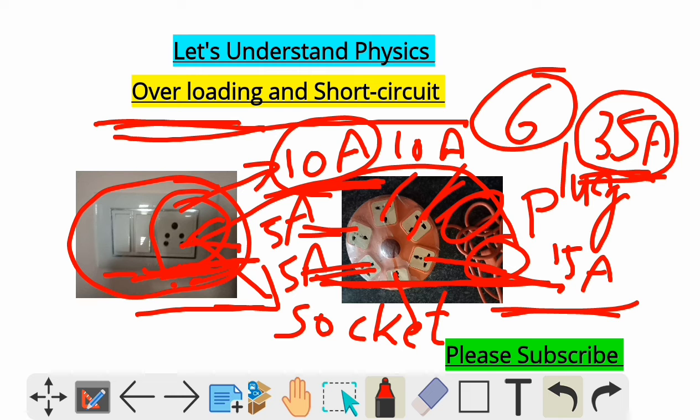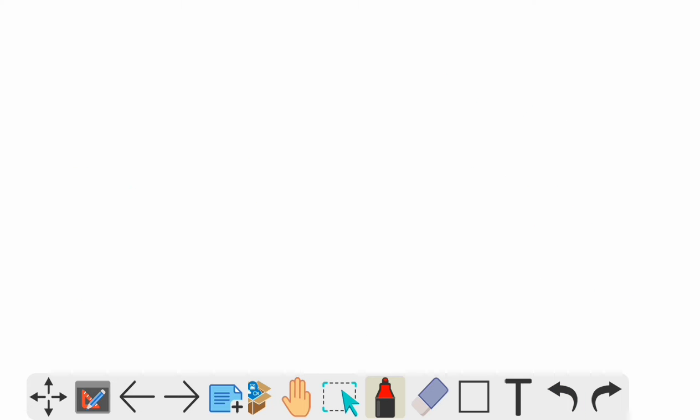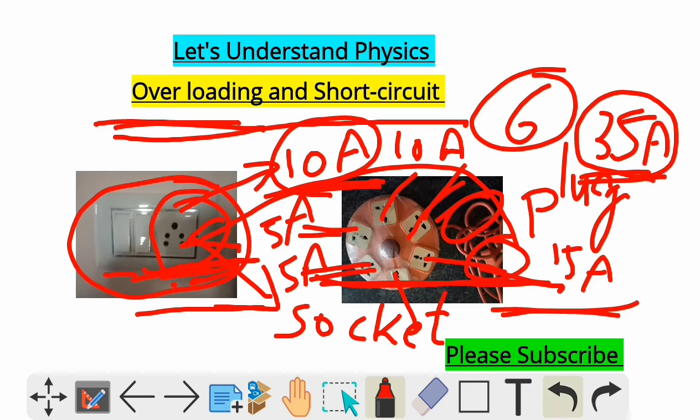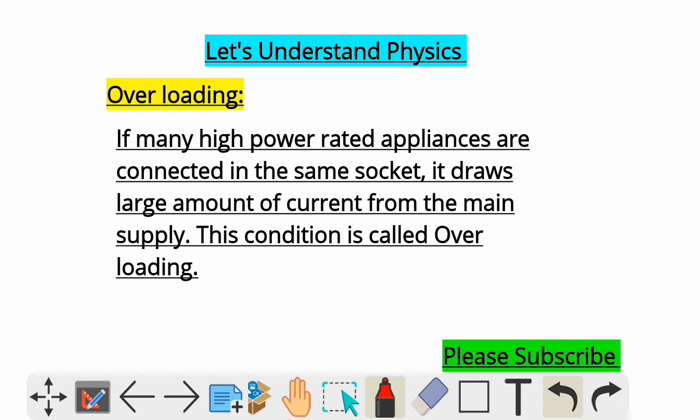So in overloading, what happens? If so many high power rated appliances are connected to the same socket, it draws a large amount of current from the main supply. This condition is called overloading. Understood?